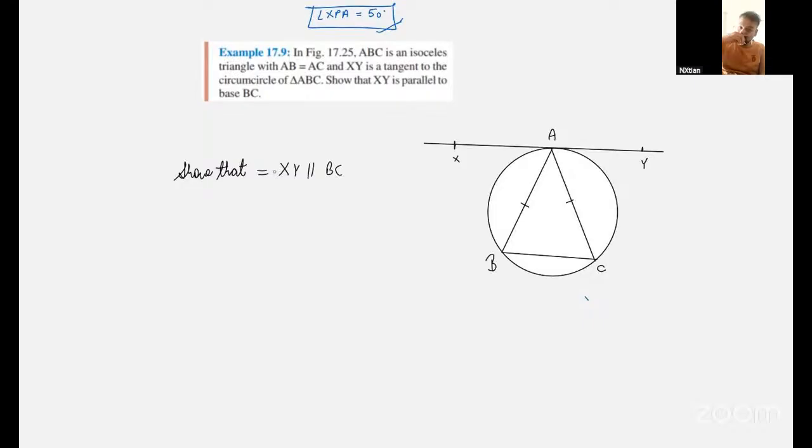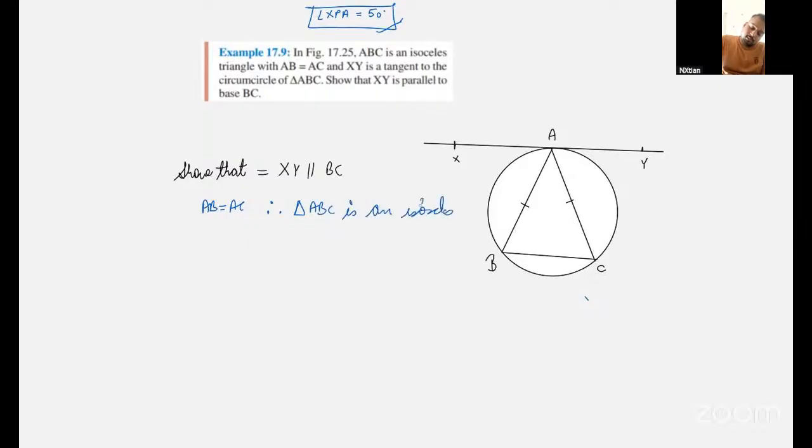Listen, everyone, on the board, please. We know that AB is equal to AC, and from that we can conclude that triangle ABC is an isosceles triangle.